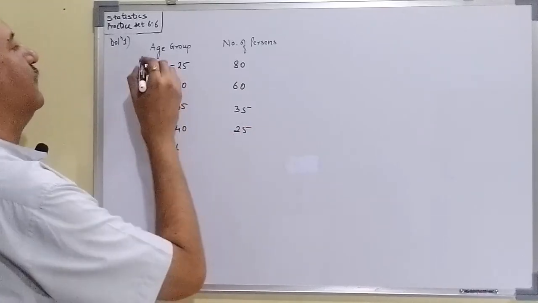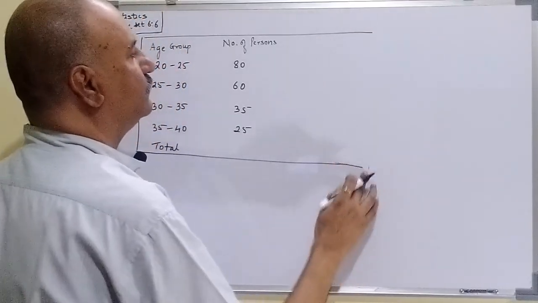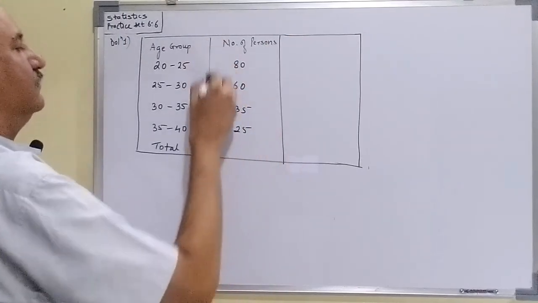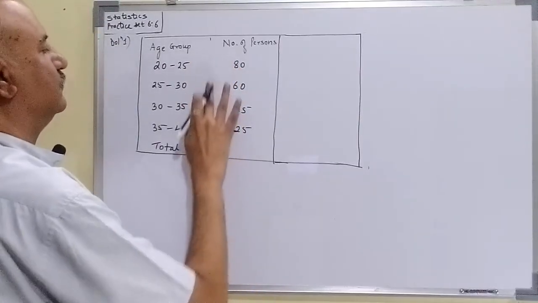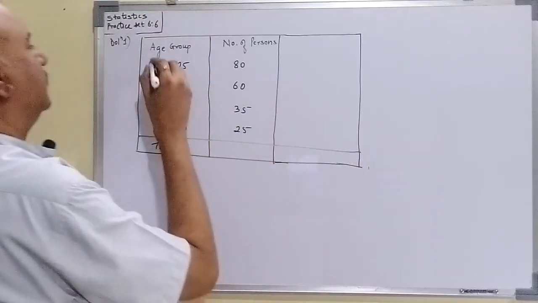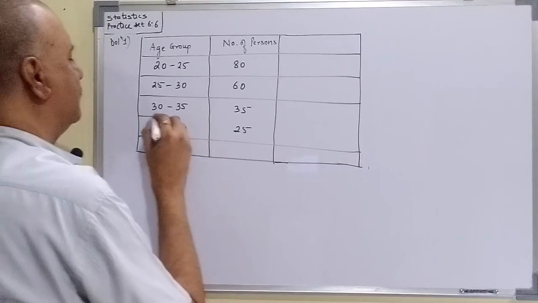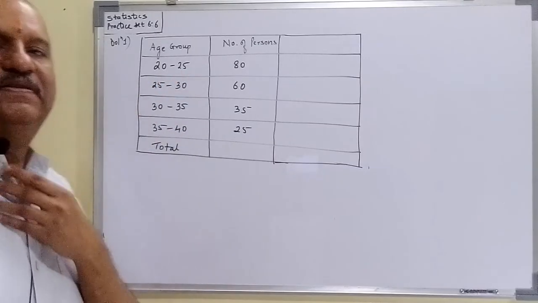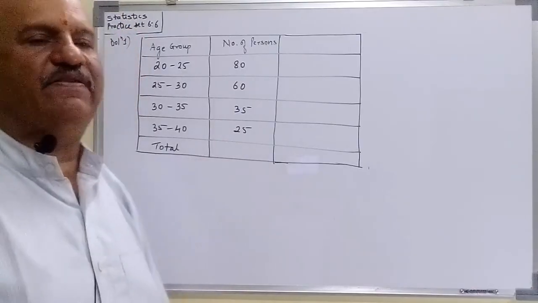Total: 80 plus 60 is 140, and 140 plus 35 is 175. 175 plus 25 is 200.